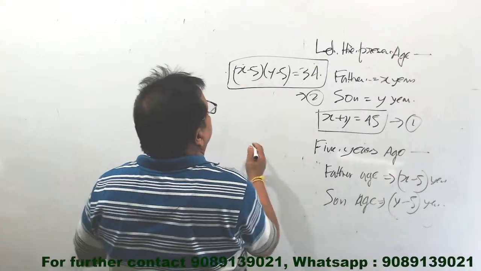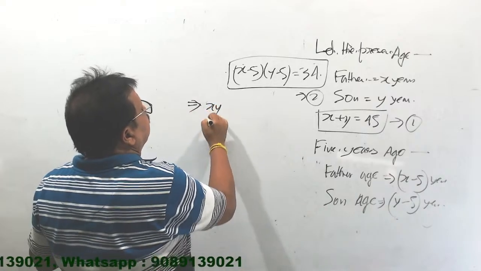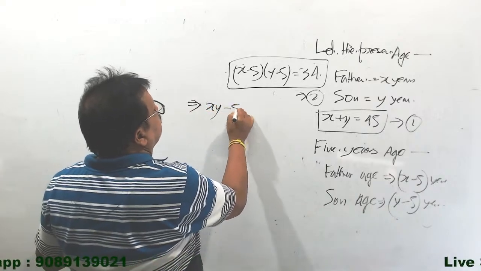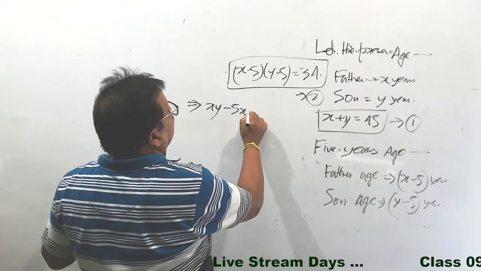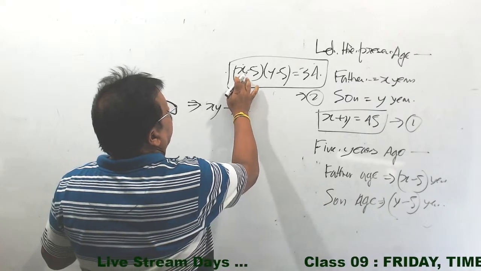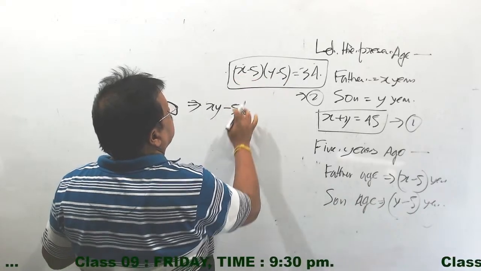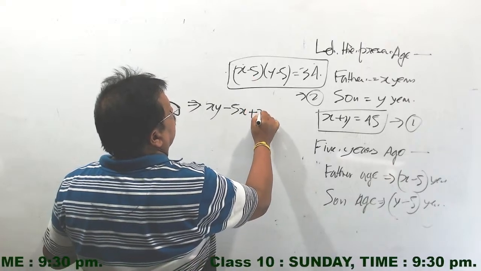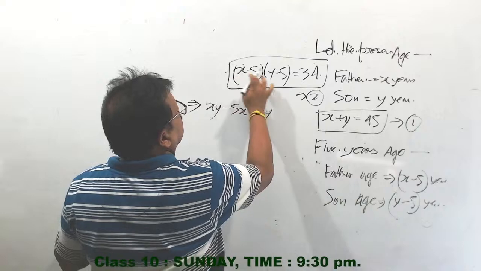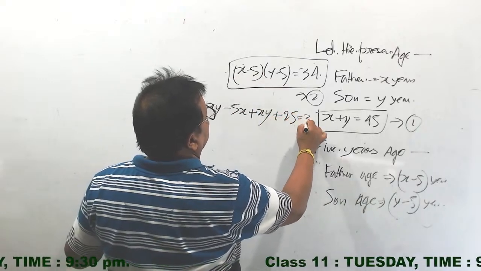Multiply. This implies xy minus 5x, multiplying x into y, xy, minus 5 into x, minus 5x, then minus 5y, minus 5y, plus 25 equal to 34.